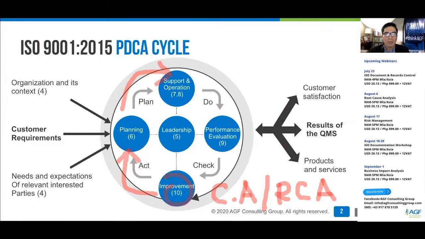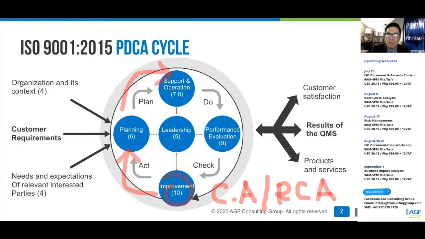So we cannot just pick out of thin air answers to questions like this, Ma'am Estela. It has to go through a structured process, okay? We need to have criteria in terms of impact to the organization, cost, impact to customers, risk, and so on and so forth. That's a good question. Probably we'll take that into consideration in designing our future webinars. Maybe we can talk about PSDM, problem-solving decision making.